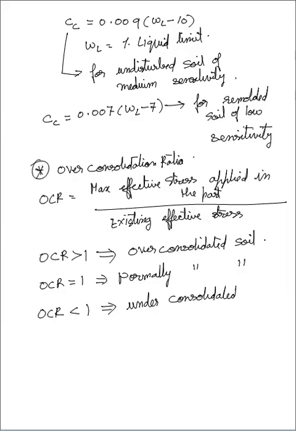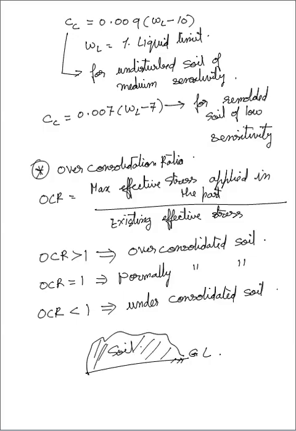Sometimes you might have observed, suppose this is your ground level, and suppose some weight or some soil in the past was deposited like this, so it will apply some pressure.